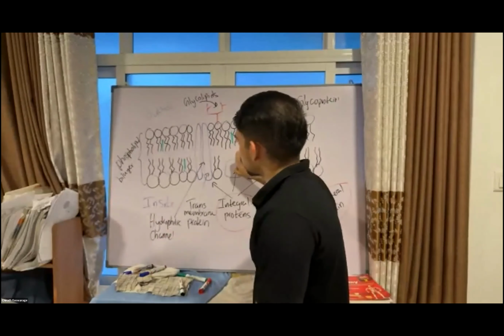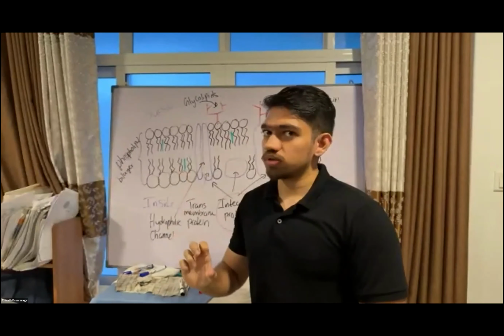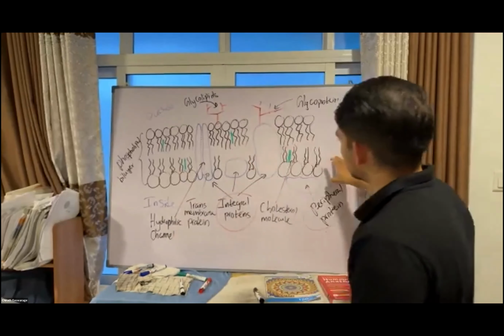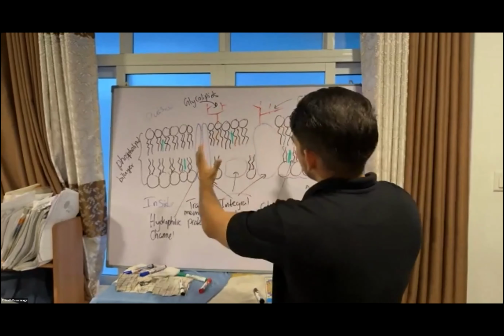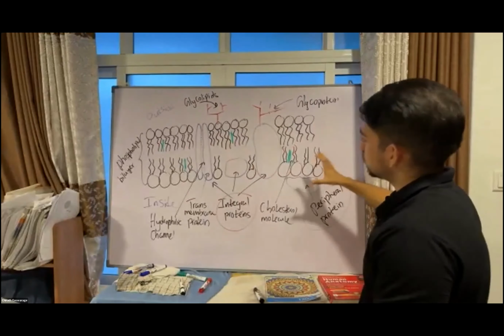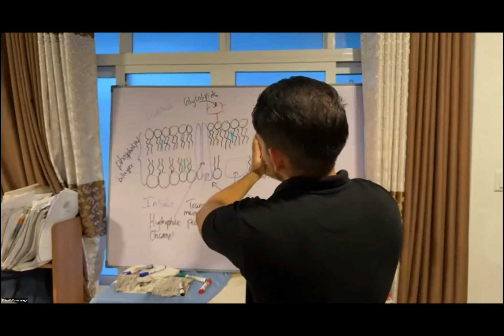So these cholesterol molecules are not very easy to freeze because they are steroids, so they have a complex structure. But the phospholipids are very simple, you can lock them into a crystalline structure. Have you seen Legos? You can lock them into place.